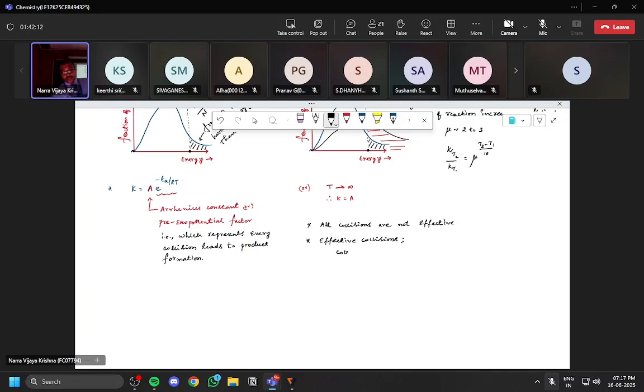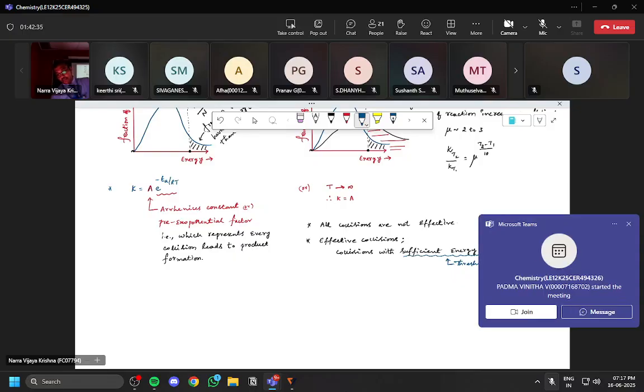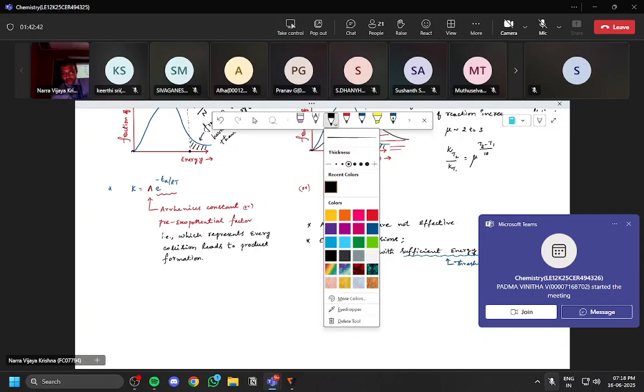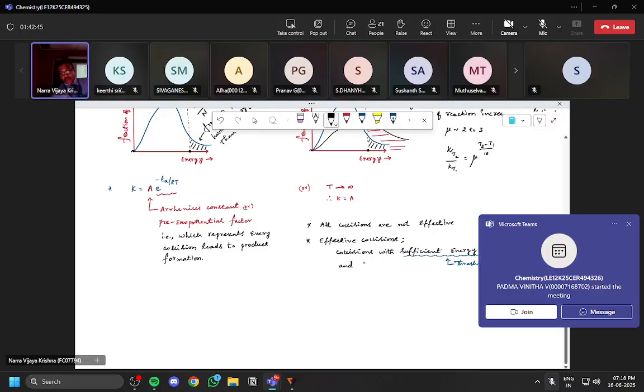Collisions with sufficient energy. Can I call that sufficient energy the threshold energy? Respond. Collisions with sufficient energy means threshold energy, and proper orientation.